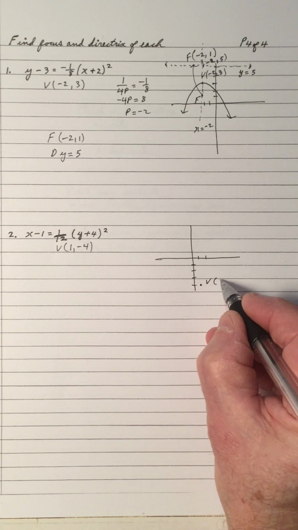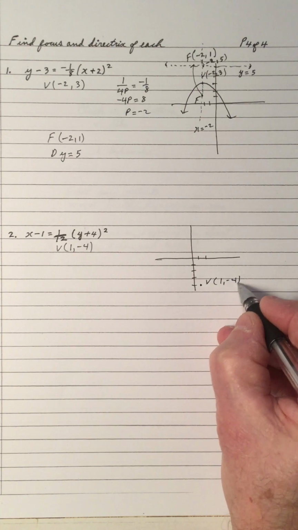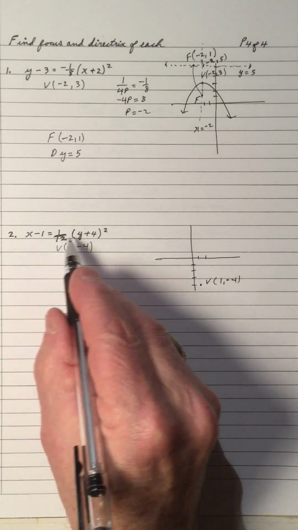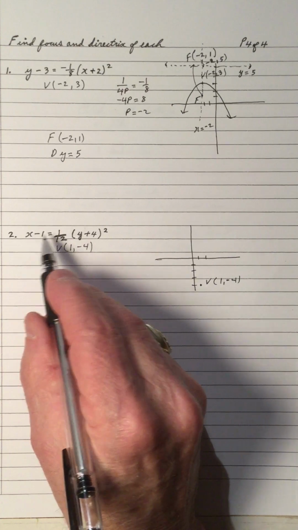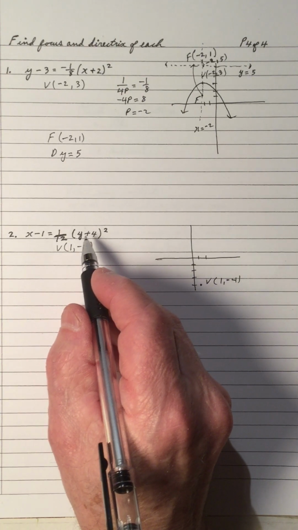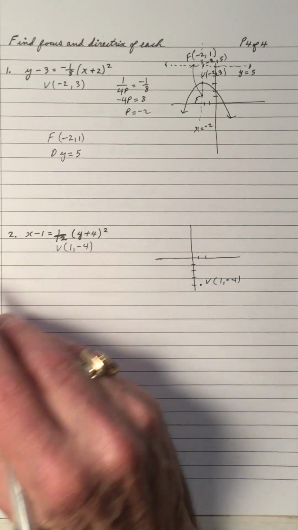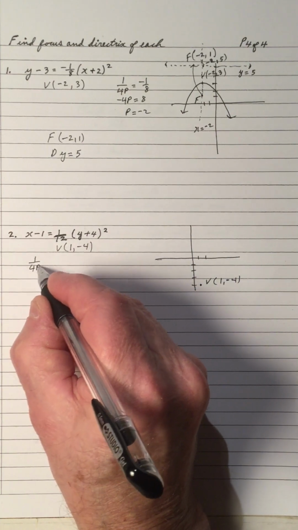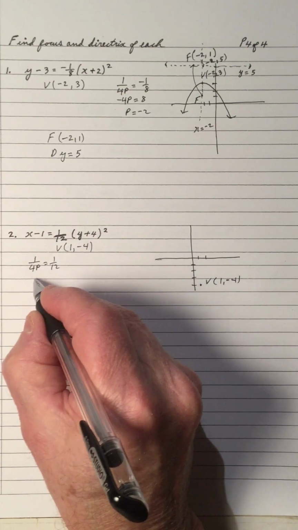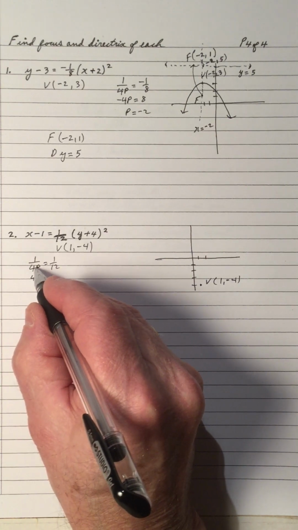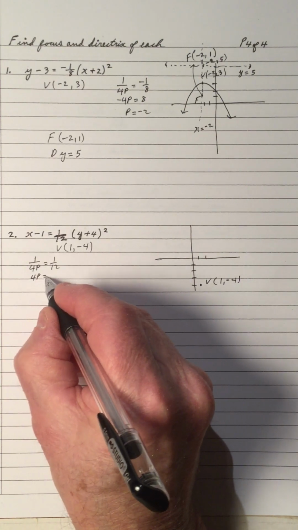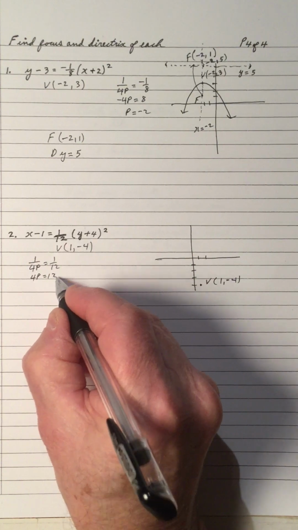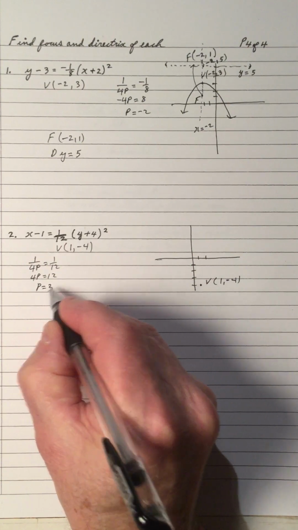So that's the vertex. The equation is x equals y squared. So if x equals y squared, the parabola is moving right or left. And 1 over 4p equals 1/12. Cross multiply, 4p times 1, 4p, 1 times 12 is 12. Divide by 4, p is 3.